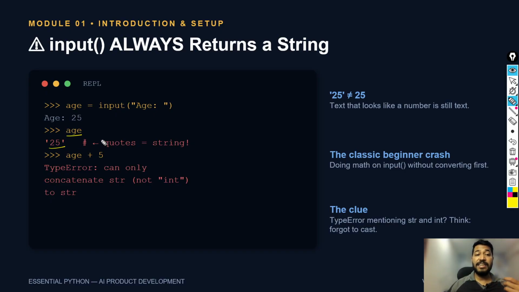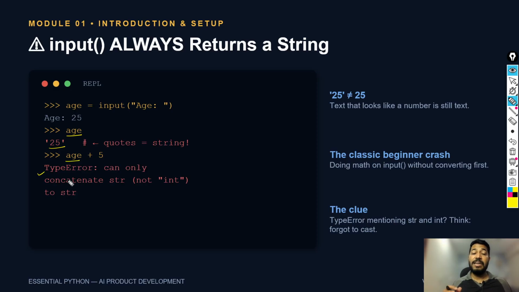That's the indication that the output is a string. Because it is a string, if we perform any algebraic operation on top of that, it will throw a type error. That is one of the catches we have to understand.